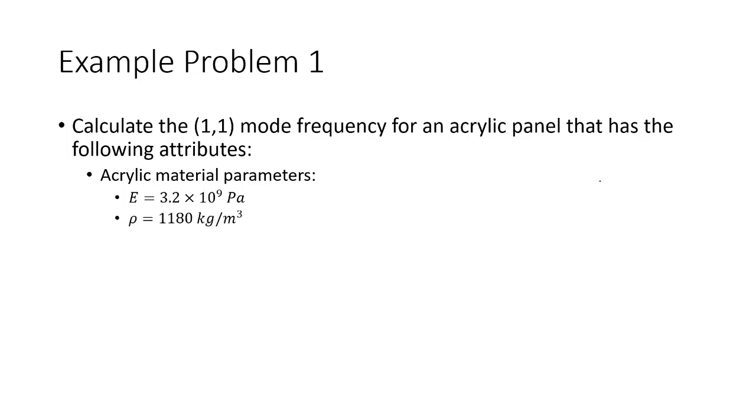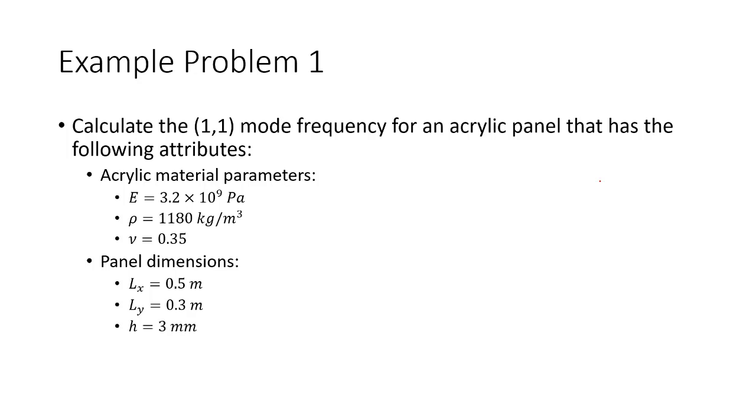Rho, the density, is 1,180 kilograms per cubic meter. Nu, Poisson's ratio, is 0.35. And the panel dimensions are that L sub x is half a meter and L sub y is 0.3 meters. The thickness of the panel is 3 millimeters.